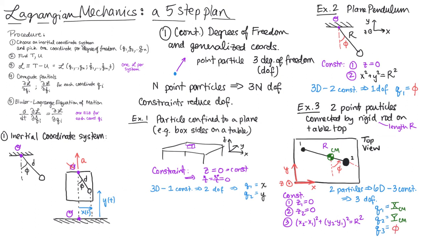So we have translation given by the x and y coordinate, and we have rotation given by the 3rd coordinate, for a total of 3 degrees of freedom. Even though we have 2 particles, which in general would require 6 coordinates to describe, here we have 3 constraints, so we only need 6 minus 3, or 3 generalized coordinates.